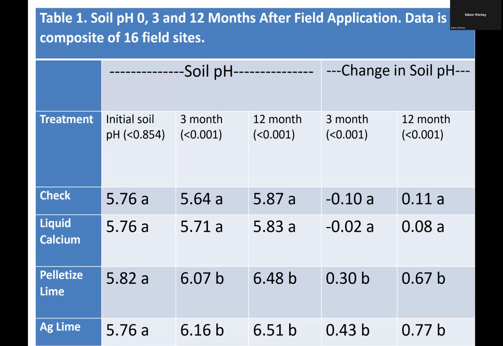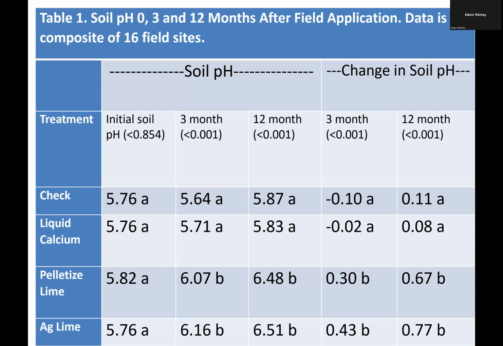I don't have time to go into that, but it bounces around depending on soil moisture and things like that. But a 5.8 to a 5.9 is not going to get you too excited when you're going from a 5.8 to a 6.5. So we're not really doing anything there.